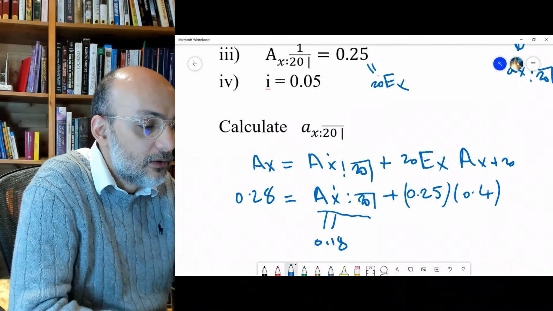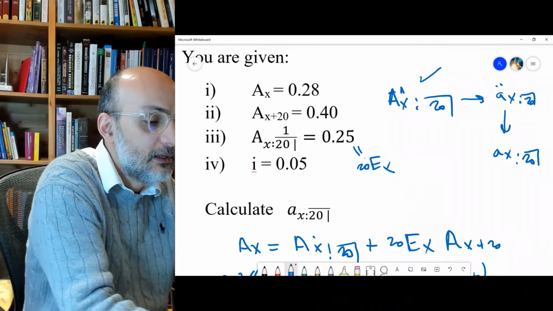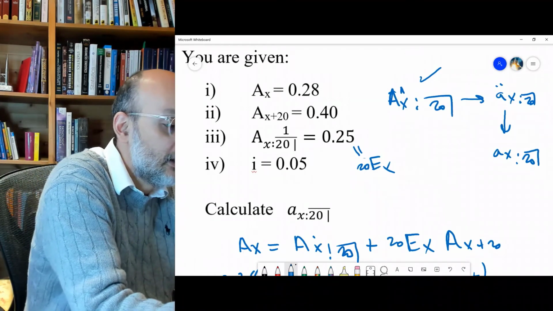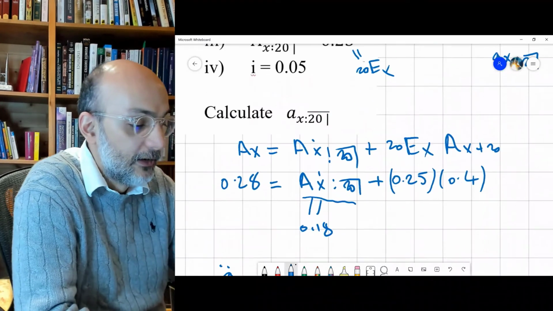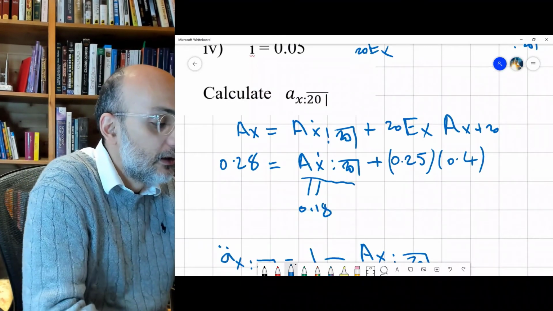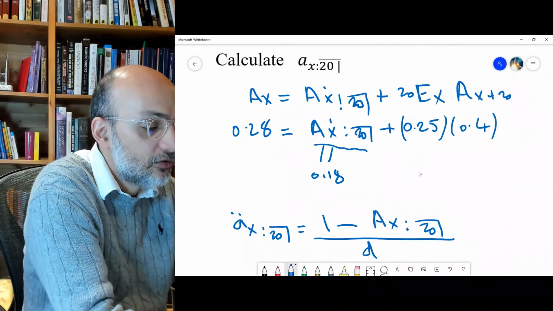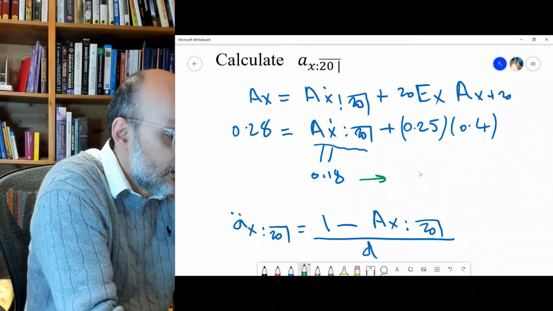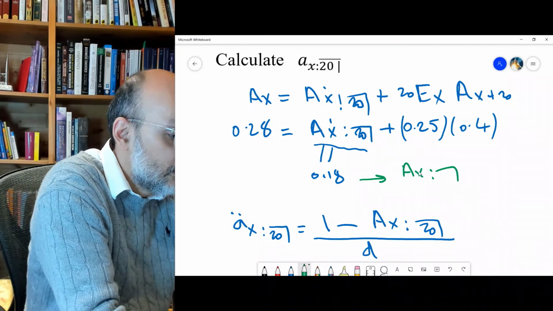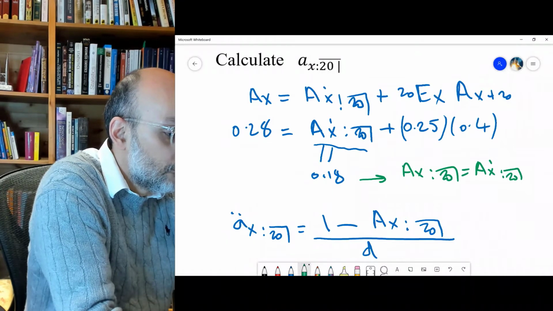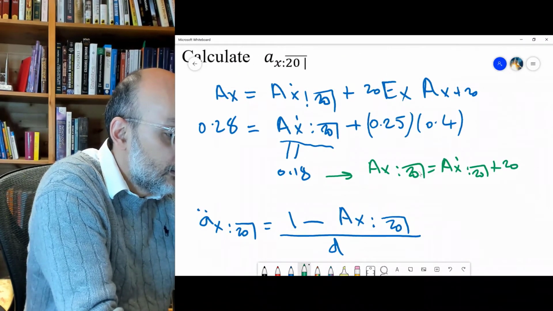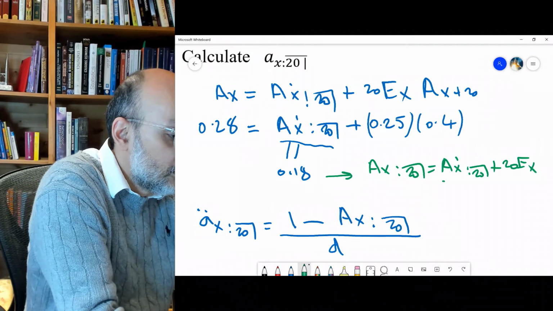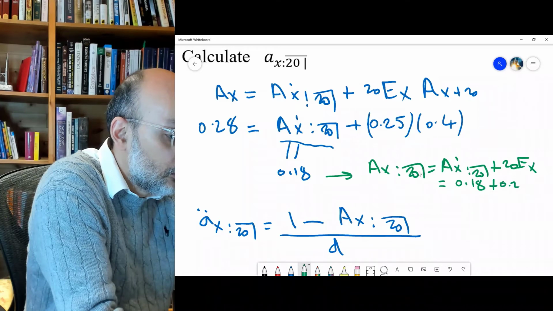So we need now to move from here to here. There is a step before that, where we need the one without 1, right? If the term insurance is 18%, then this one will take us to AX20, which is the term, plus 20 EX, which is equal to AX 0.18 plus 0.25.